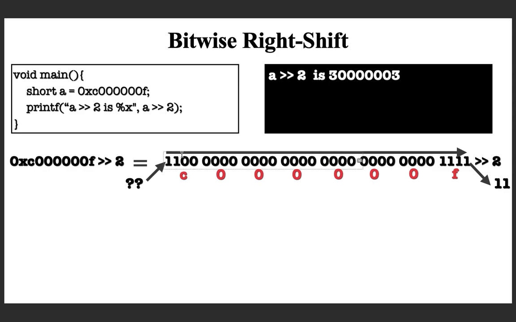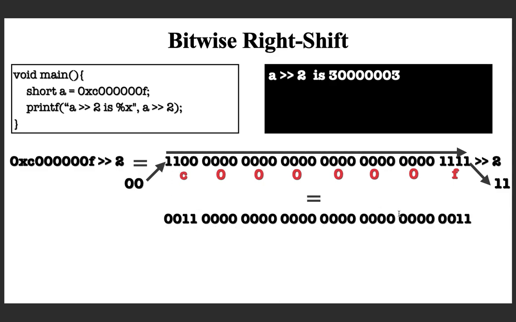It could be 0 or 1 or maybe arbitrary binary values, but the C semantics is that it provides 0 there. Two zeros will be inserted here, and it's just like you are pushing it to the other side two positions. So these two bits will go out and two zeros will come here. And this is what you are obtaining.